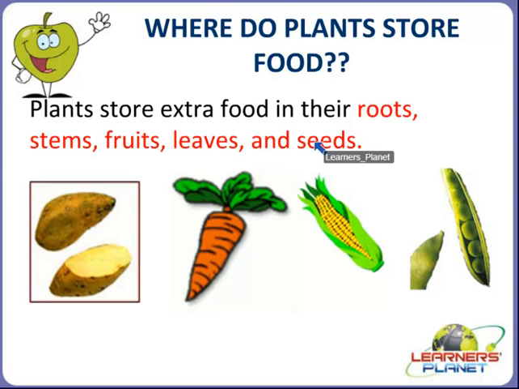For example, this is a sweet potato. This is a carrot. This is a maize plant. And these are peas. They all store their food in different parts of the plant.